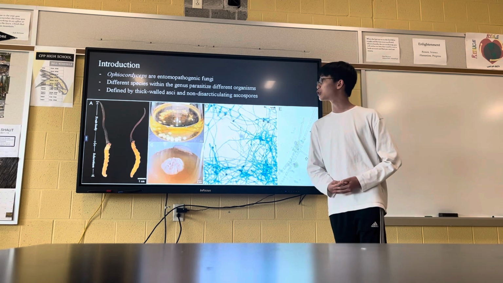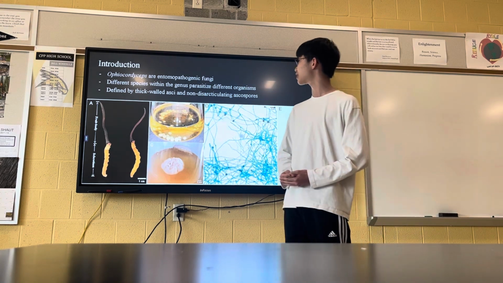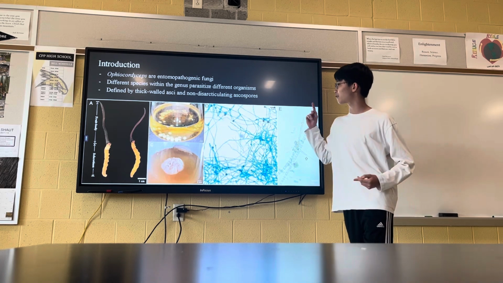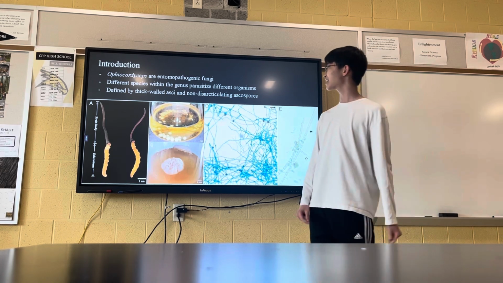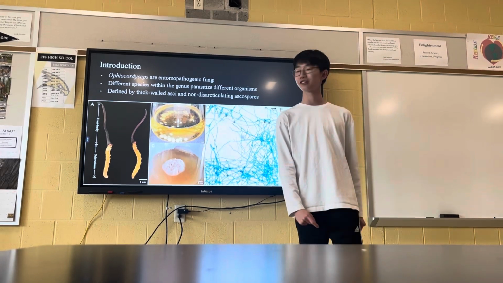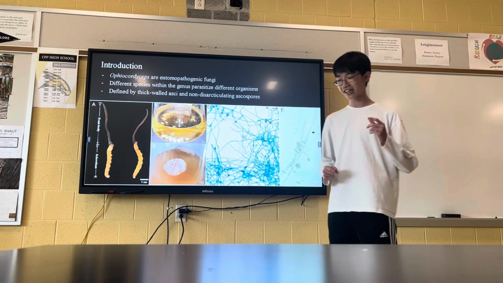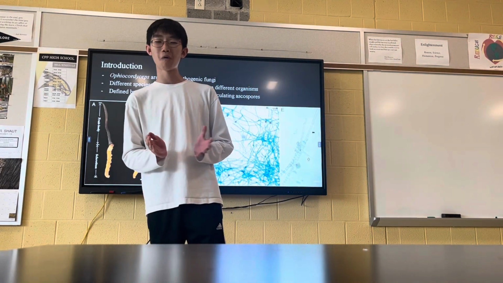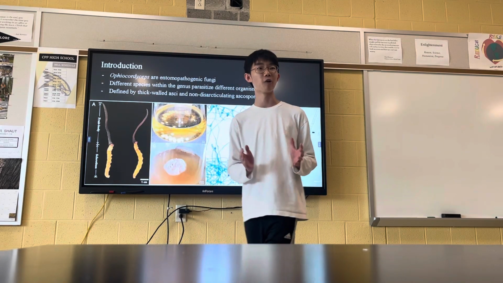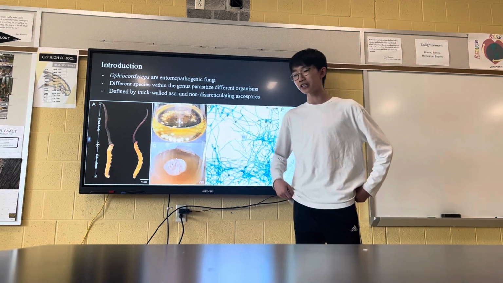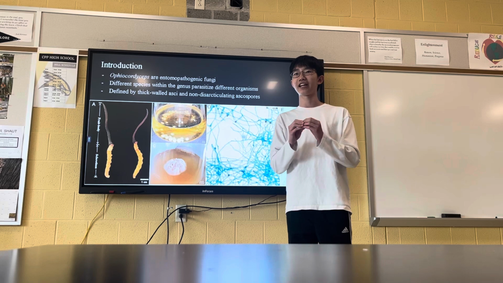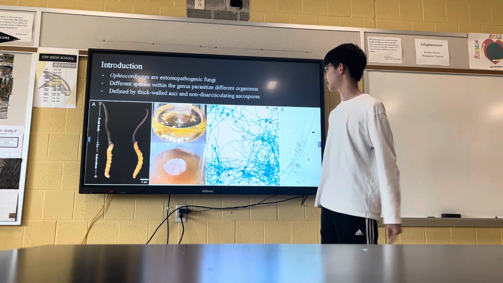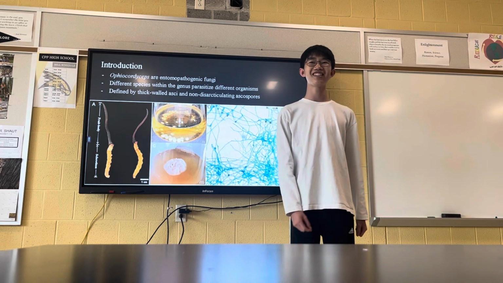Different species within the genus Ophiocordyceps parasitize different insects, and these are defined by their thick-walled asci and non-disarticulating spores, which just means an ascus is a sac where they produce spores. How fungi spread is a lot of the spores disarticulate into half spores just to get a wider coverage of area. But these guys do not disarticulate because they infect insects.